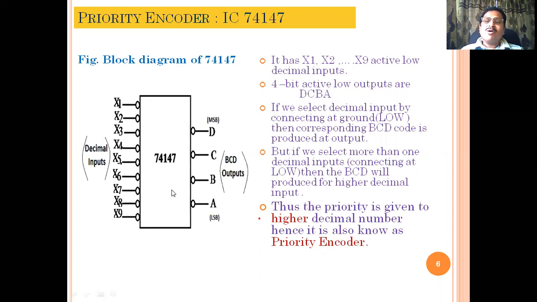This pin diagram will not be asked in any case, but maybe an MCQ is asked on the meaning of priority encoder. Suppose a priority encoder has 3 decimal inputs applied, for example 7, 5 and 6. What will be the BCD output? It will be 0 1 1 1 in active high condition. But this IC produces an active low output. Therefore, let us see this IC.